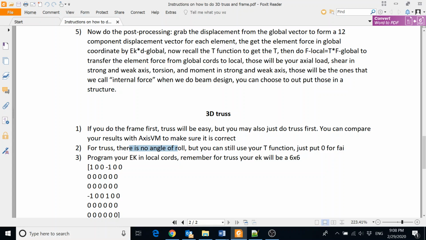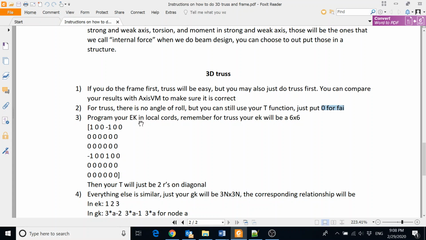So for truss, everything's so simple. There's no angle rho, but you still need a T function. So you can actually use your same get R, but just make phi always 0 because it won't matter. The EK in the local axis is actually very, very simple because now it's 6 degrees of freedom, but oh, actually it's not 6, it's 3 degrees of freedom per node, but it's always 1, -1, -1, 1.